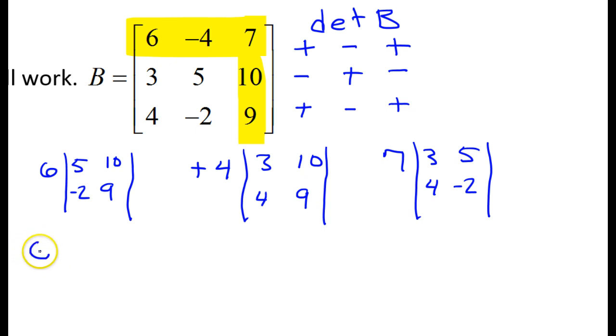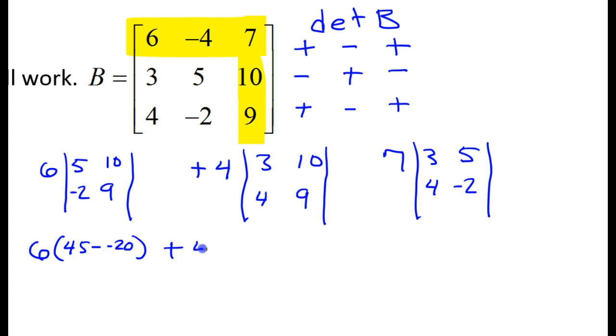So I have 6 times. Now, the determinant of a 2 by 2 matrix, remember, is down diagonal minus up diagonal. So that's going to be 45 minus -20. All right, I'll come back to this in a moment.